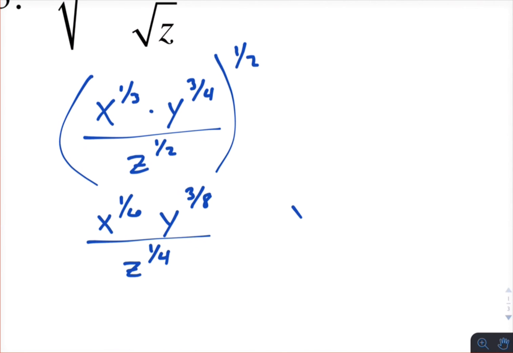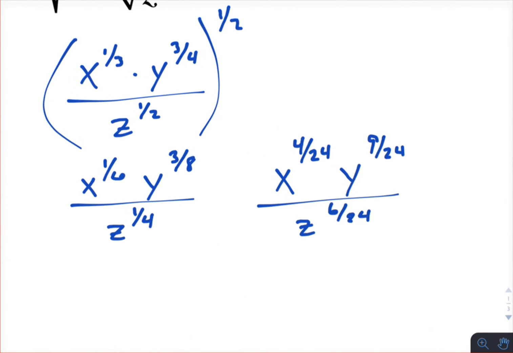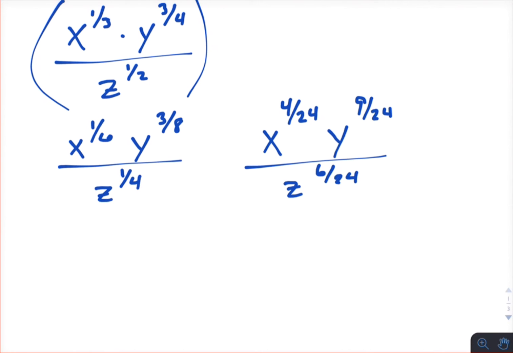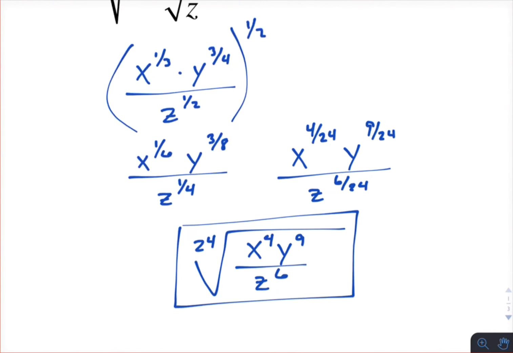So we essentially have x to the 4/24, y to the 9/24, z to the 6/24. So that is the 24th root of x to the 4th, y to the 9th, over z to the 6th. And there you have it, a single radical.